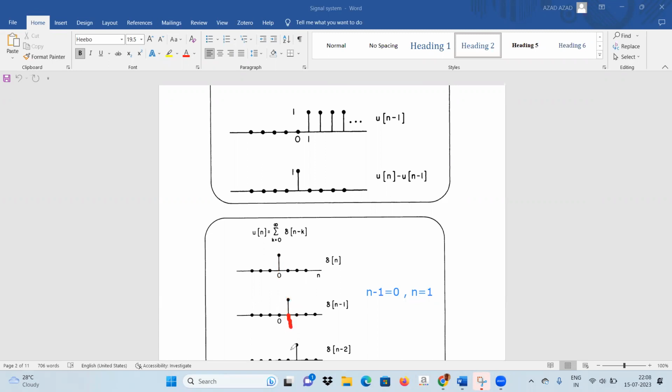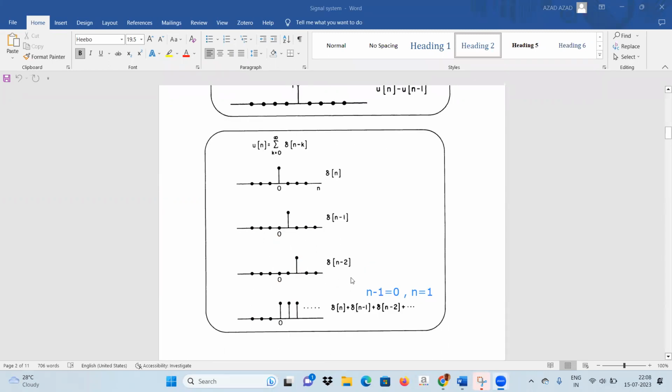This is 1. Similarly, if you want to draw delta n minus 2, then you can write n minus 2 equal to 0. Here we get n equal to 2.